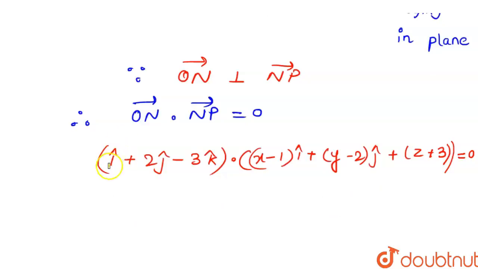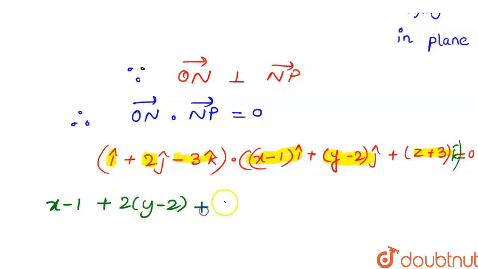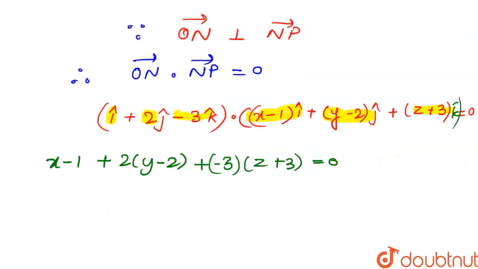Then taking the dot product, we get (x minus 1) plus 2 into (y minus 2) plus (-3) into (z plus 3) is equal to 0.